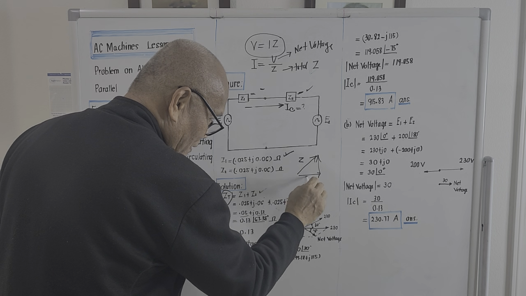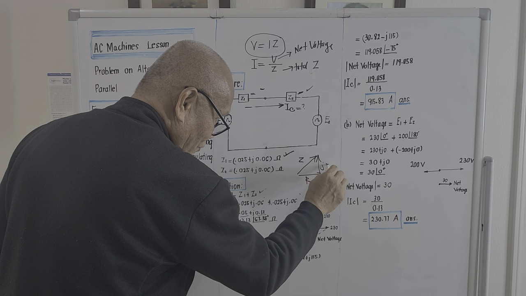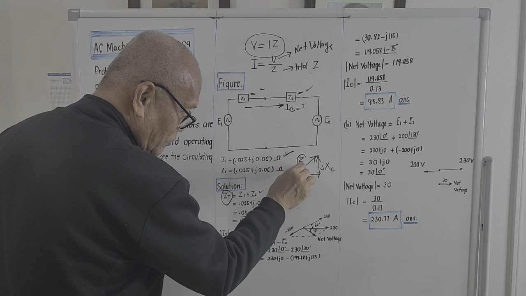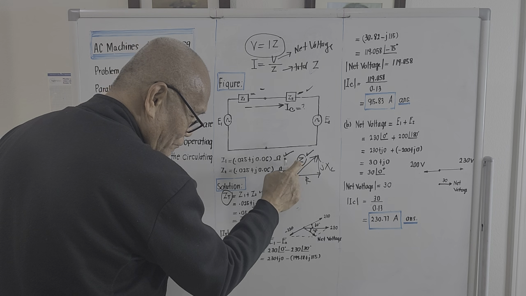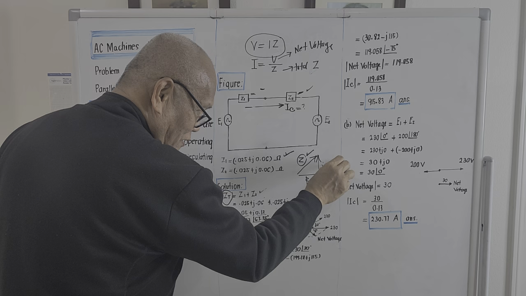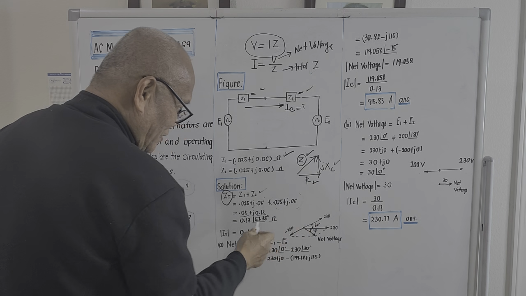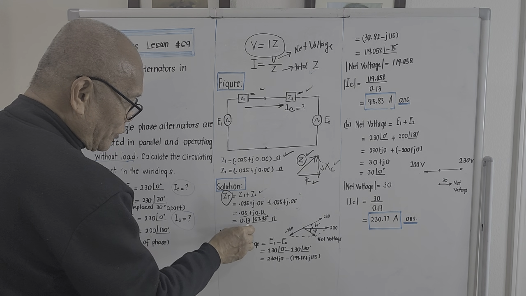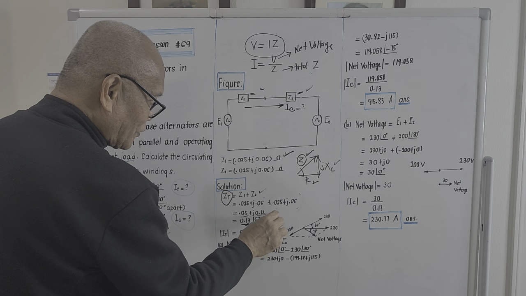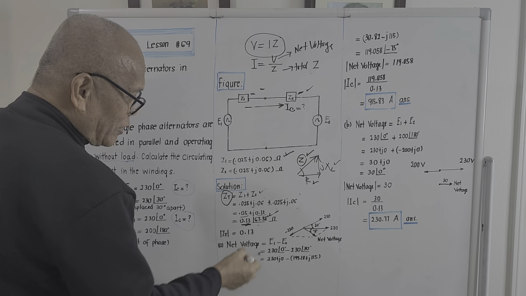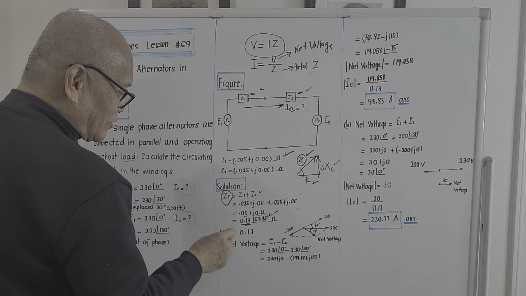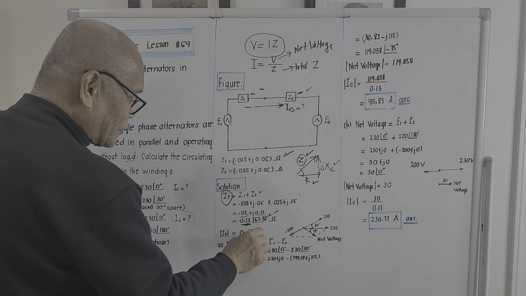This is R, this is jXL. In the computation of the current, we must use this value here, the value of the hypotenuse. We know the value of this, we know the value of this, and if we try to compute, it will be 0.13. The angle of inclination here is 67.38 degrees. For the meantime, we do not need the angle. We are just interested in the magnitude. So the magnitude of the impedance will be 0.13 ohms.